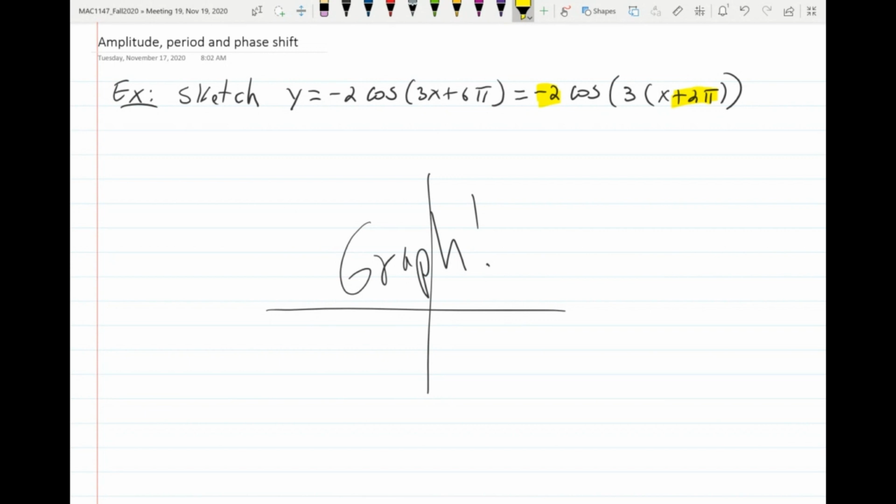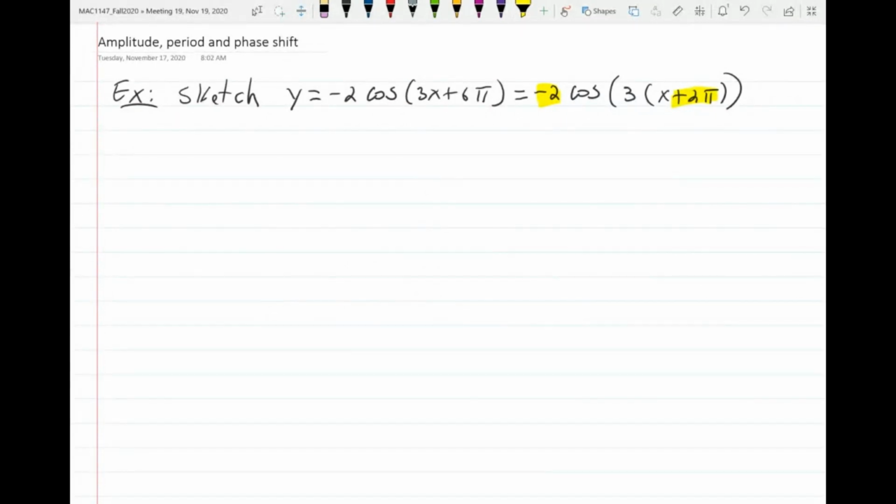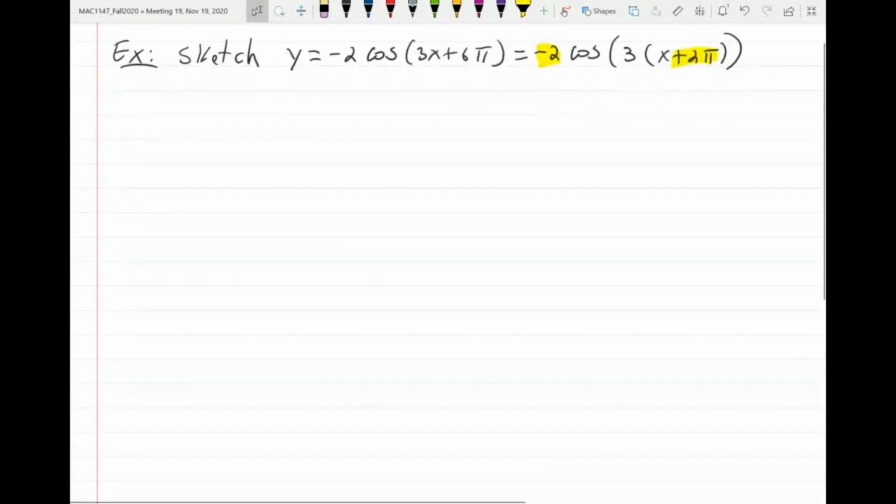Okay, so phase shift is a fancy word for a horizontal shift, and amplitude is a fancy word for vertical compression or stretch.